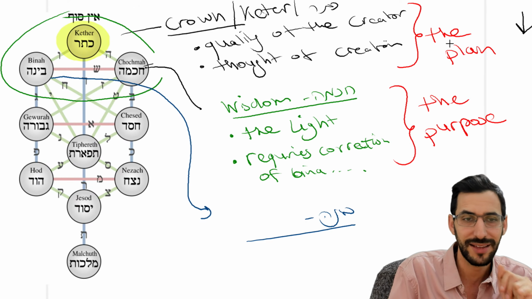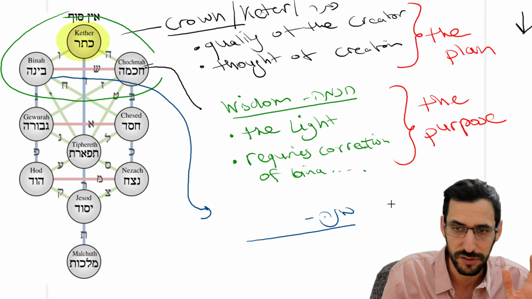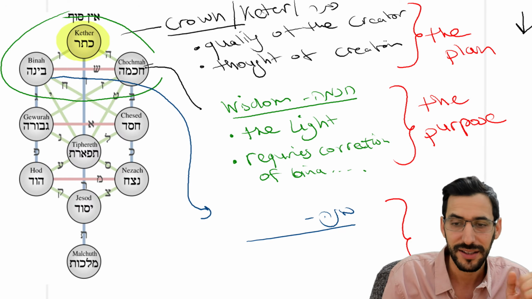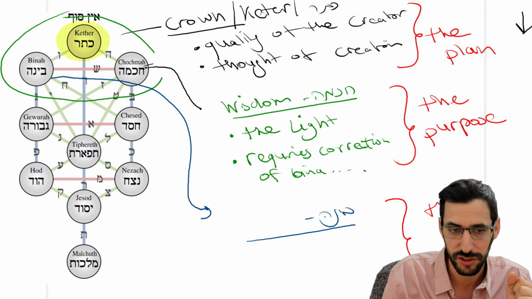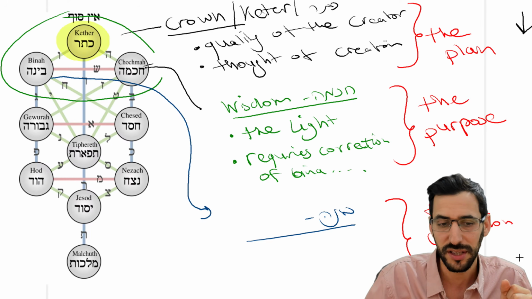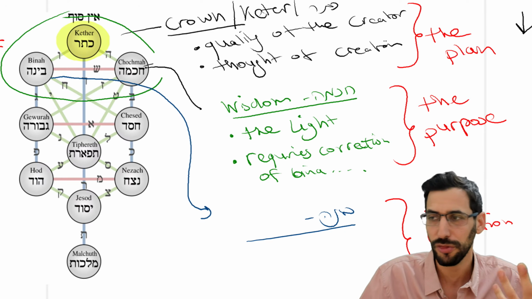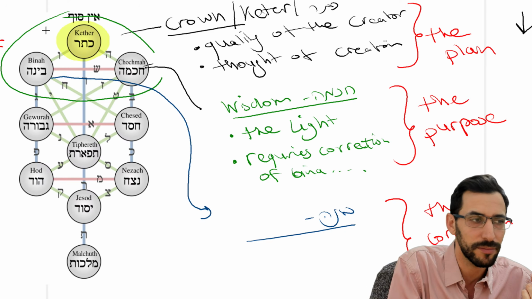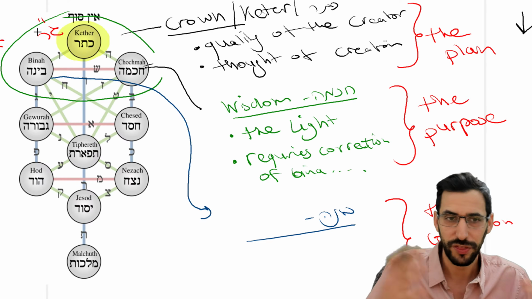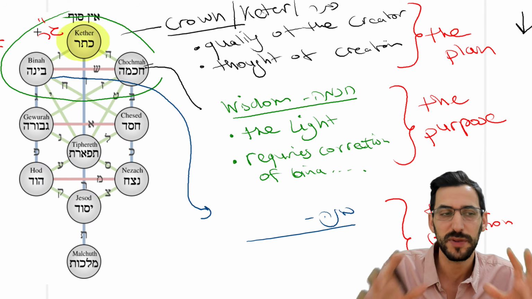So if Keter is the plan of creation and Hochma is the purpose of creation, Bina is the correction of creation. As you can see, these upper three, the Gar, include everything: the plan, the purpose, and the correction. But they include everything in its potential.